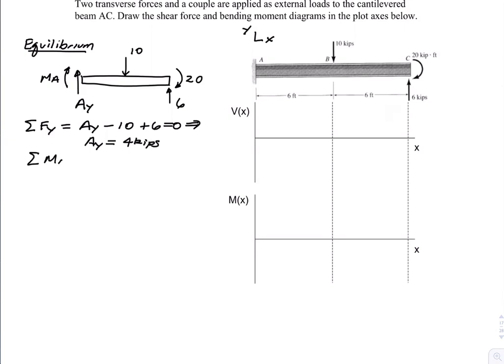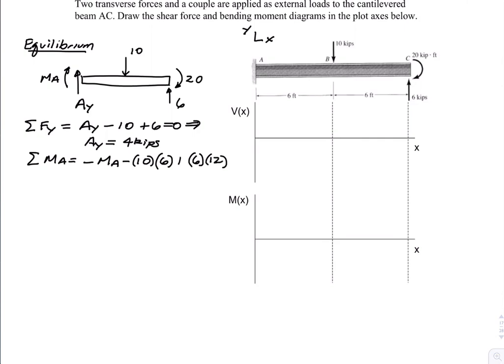Writing down a moment equation, I'm going to sum moments about A. I have the wall bending moment, MA, it's in the negative Z. I have the 10, it's got a moment arm of 6, and since it's in the minus K, I put a minus K there in front. I have the 6 kip force there on the right side. It has a moment arm of the entire length of the beam, so that's 12.